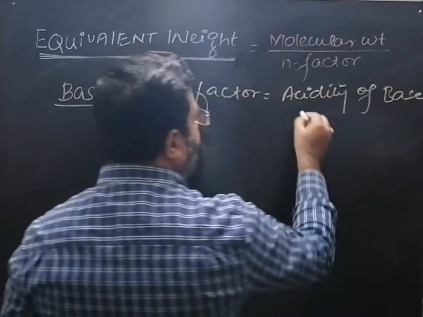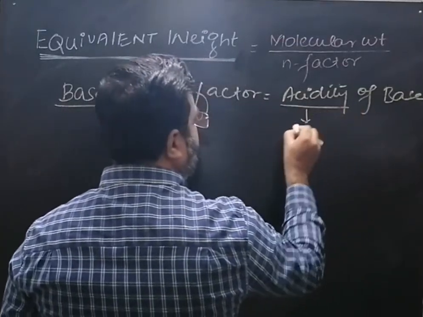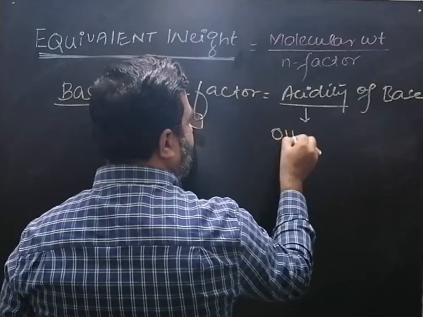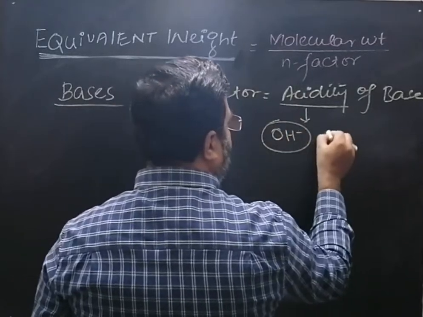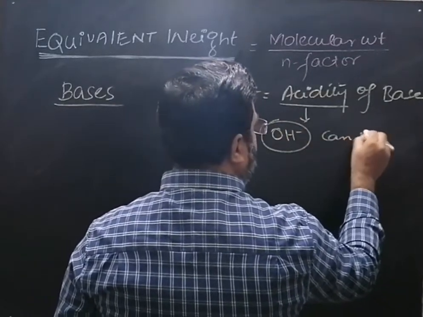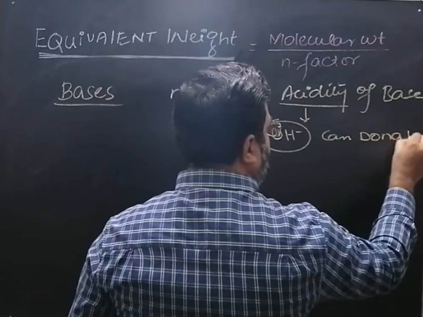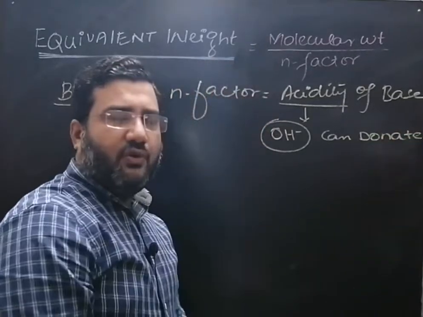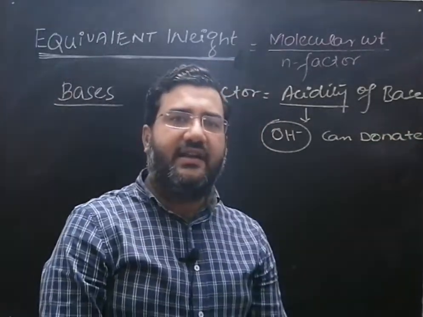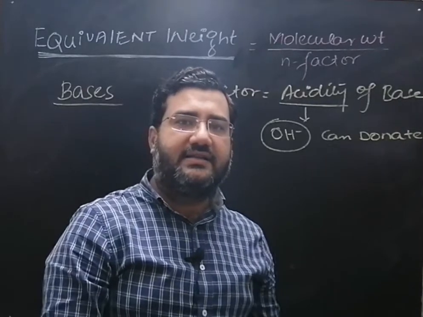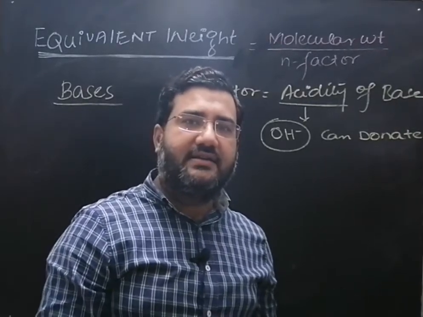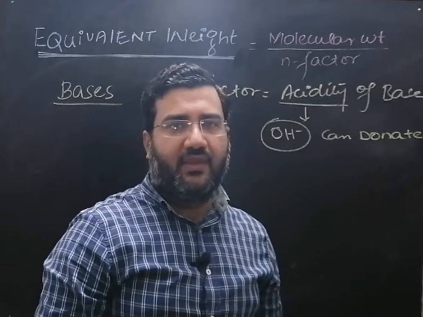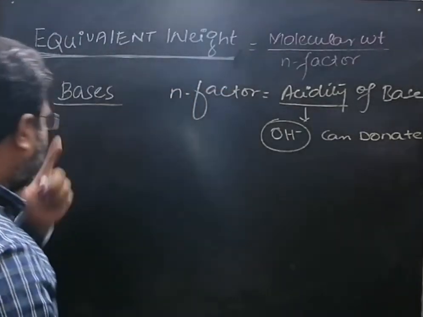When I say acidity of a base, that means how many hydroxyl ions it can donate. So the number of OH- ions that a base can donate is its n factor, and it is actually its acidity.